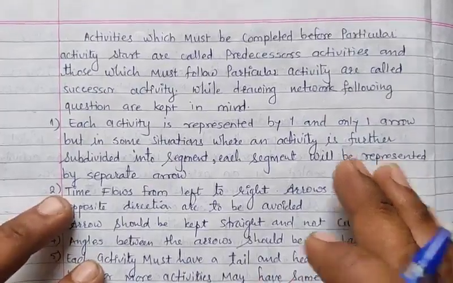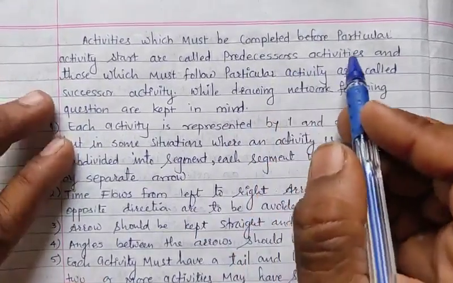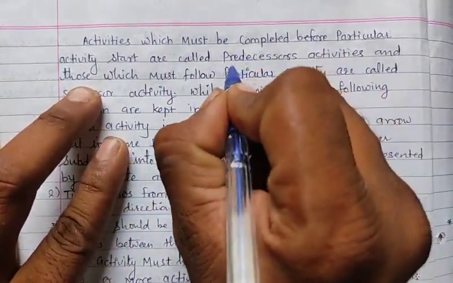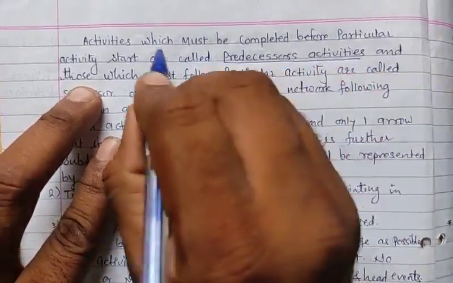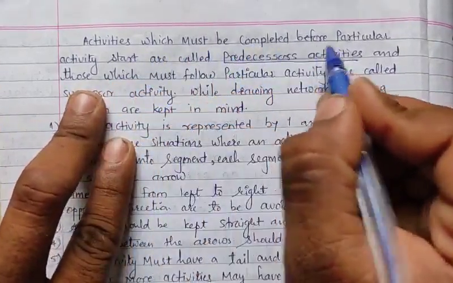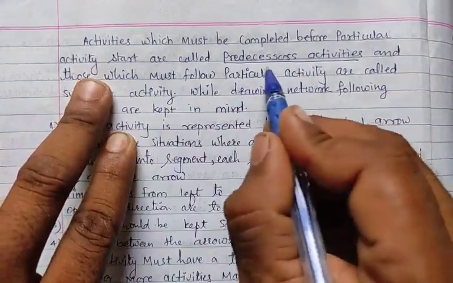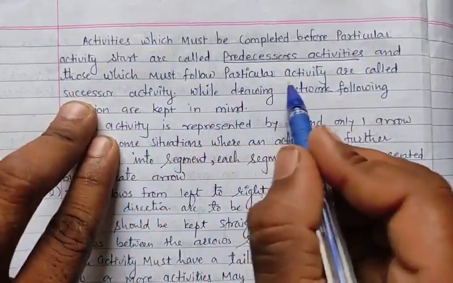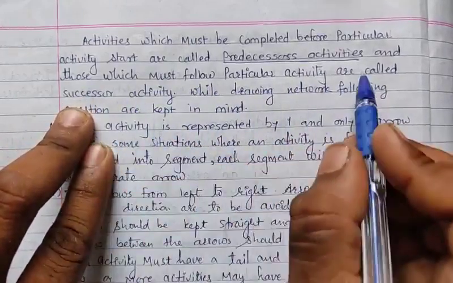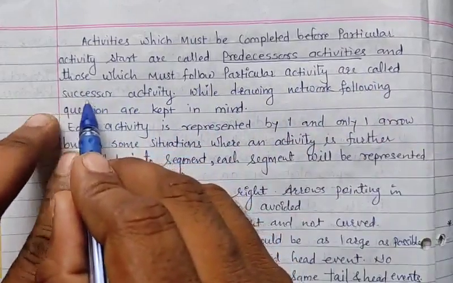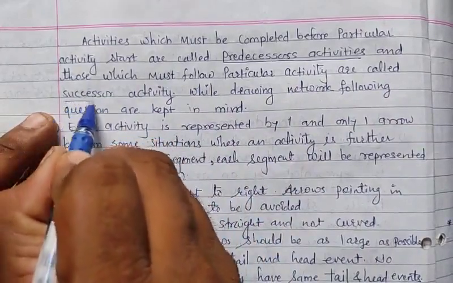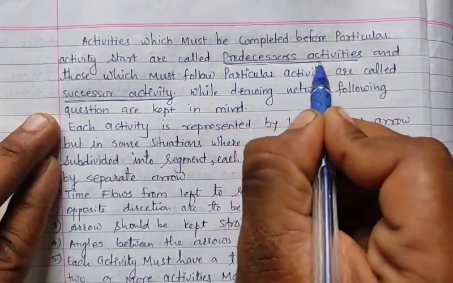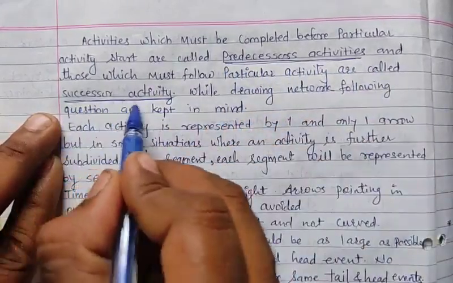The activities which must be completed before a particular activity starts are called predecessor activities, and those which must follow a particular activity are called successor activities. Remember these definitions of predecessor activity and successor activity.